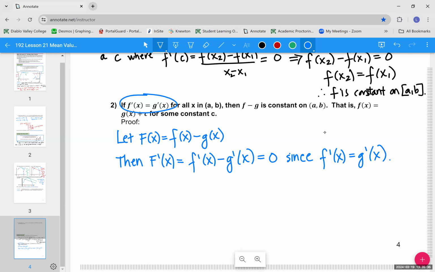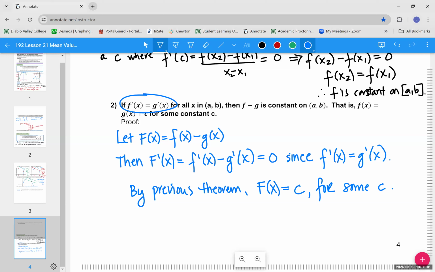Okay. So we just proved that the derivative of this capital F of x is equal to 0 on this interval. But then by the theorem we just proved above, capital F of x equals c. It's a constant function.